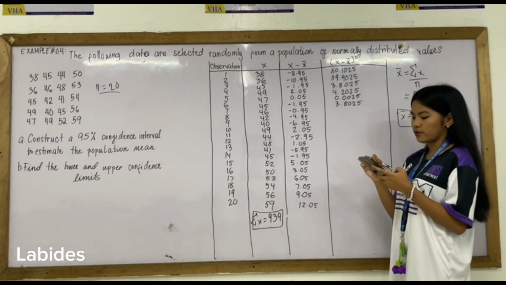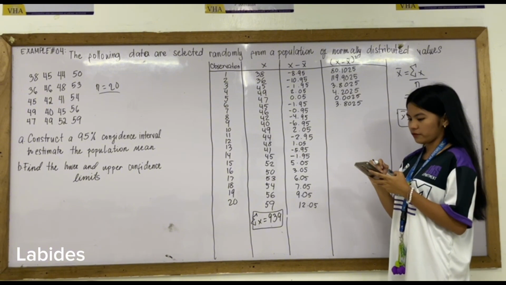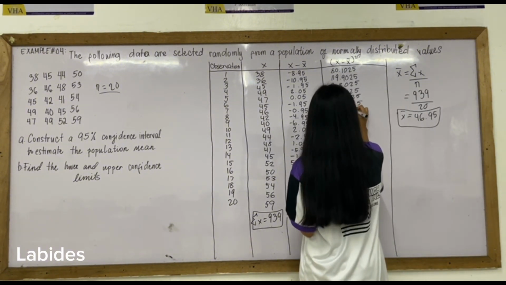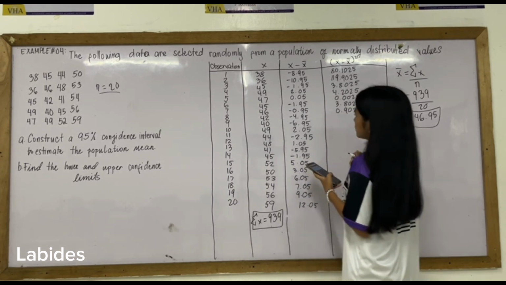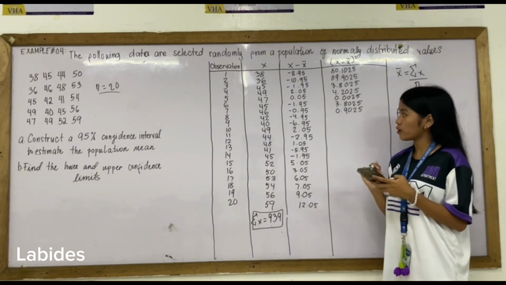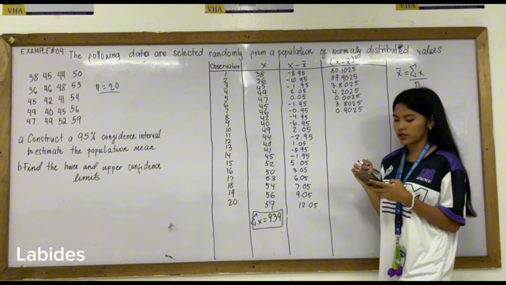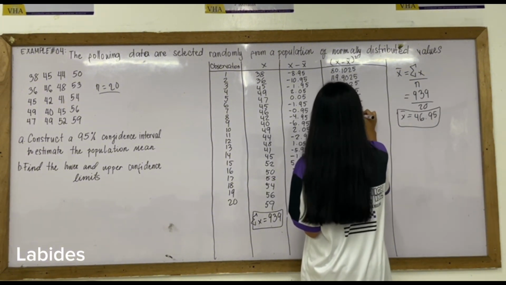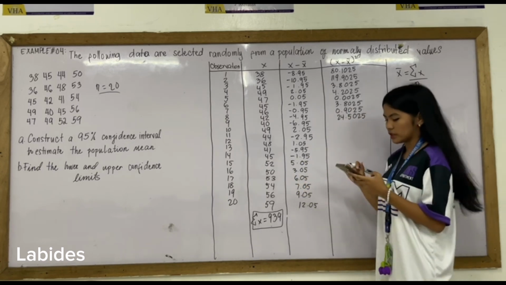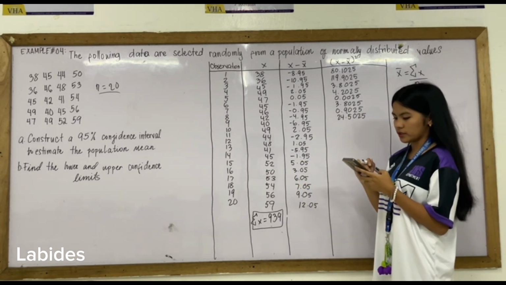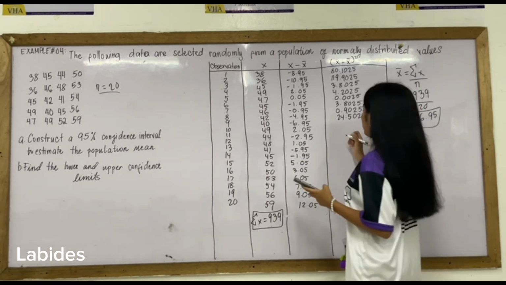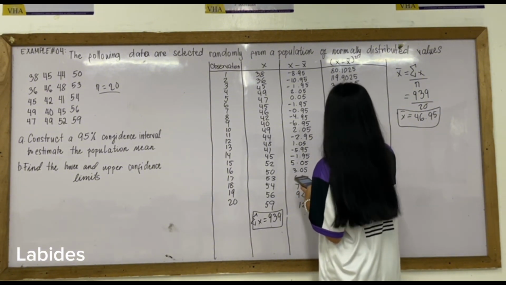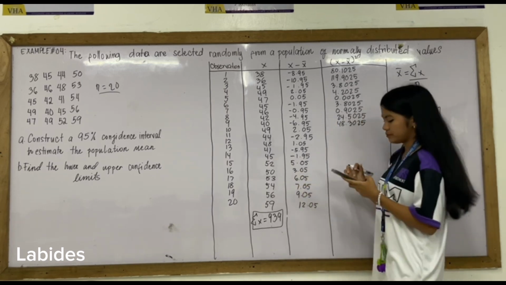And then 0.95 squared, that is 0.9025. Next is 4.95 squared, that is 24.5025. Next is 6.95 squared, 48.3025.